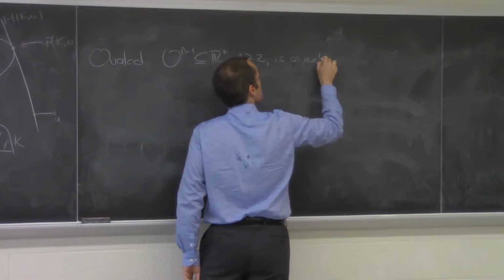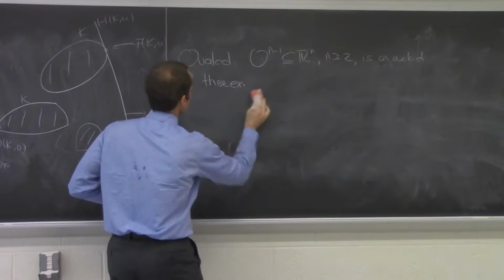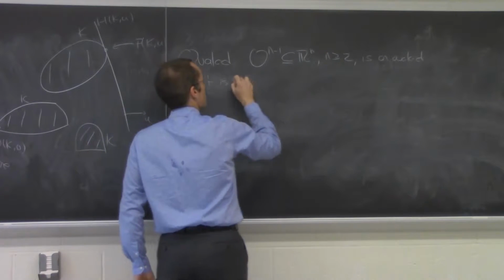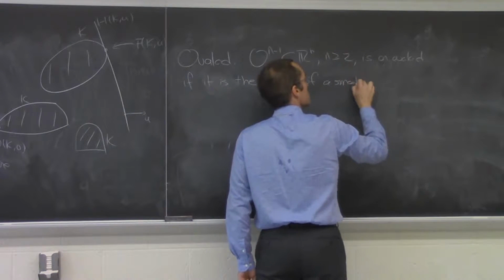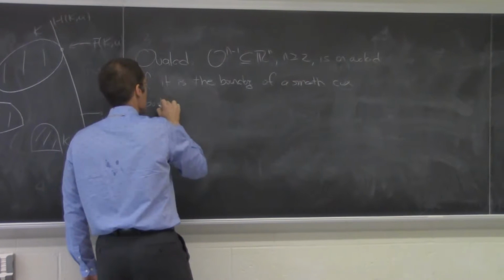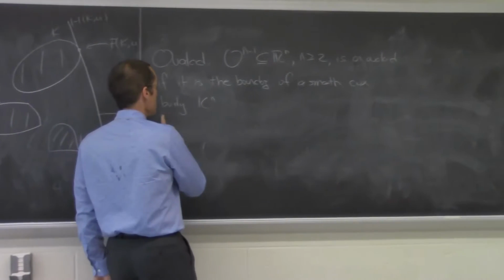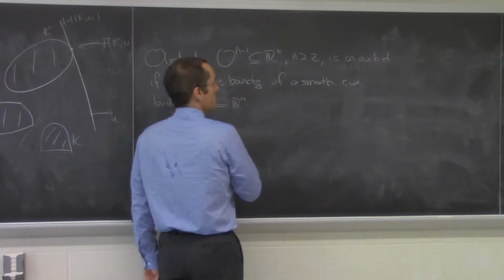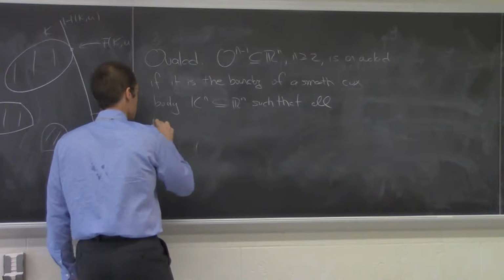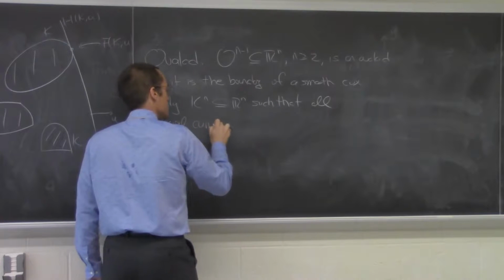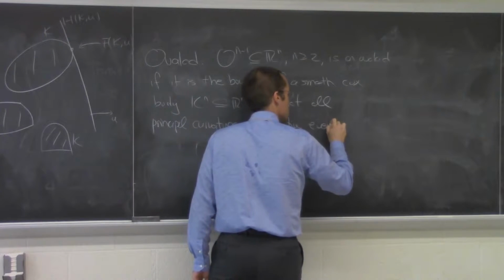A hypersurface is an ovaloid if it is the boundary of a smooth convex body K_n, where n refers to dimension, therefore it has an interior, such that all principal curvatures are positive everywhere.